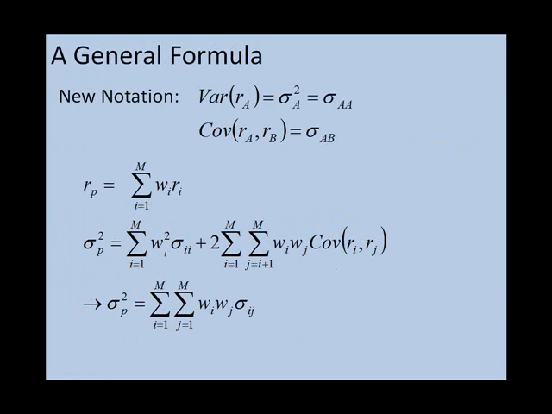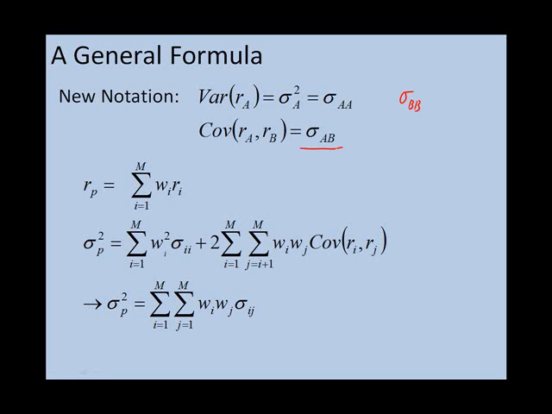First, we need to change our notation. Let's denote the variance of returns on an asset as sigma AA for asset A or sigma BB for asset B. The covariance between asset A and asset B will be denoted sigma AB.